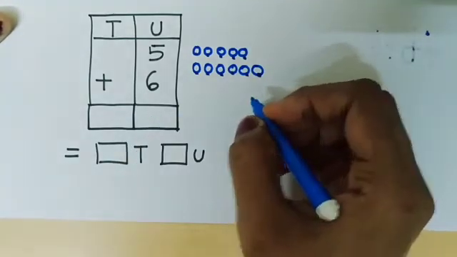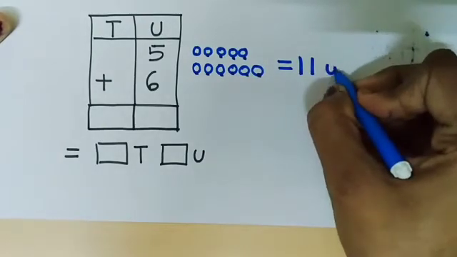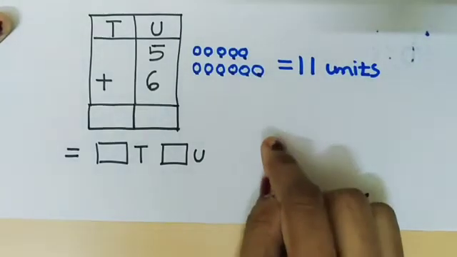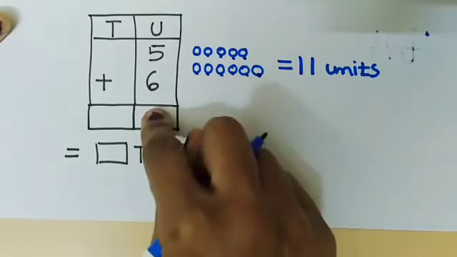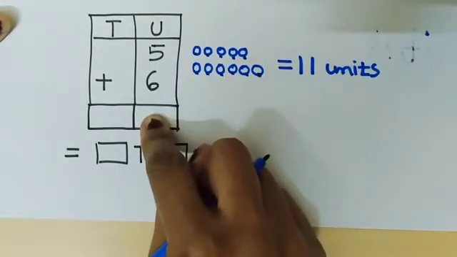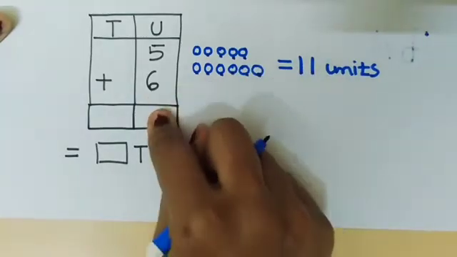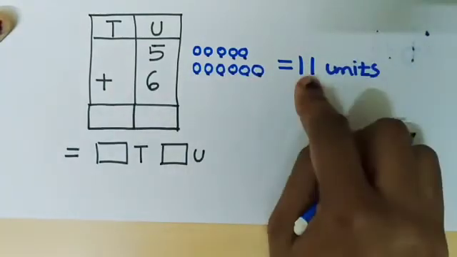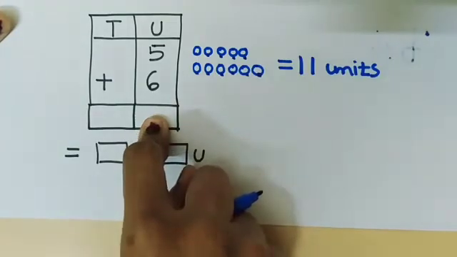No, because 11 is more than 9. Remember children, we cannot put a number bigger than 9 in the unit place. You cannot write a 2-digit number in the unit place.